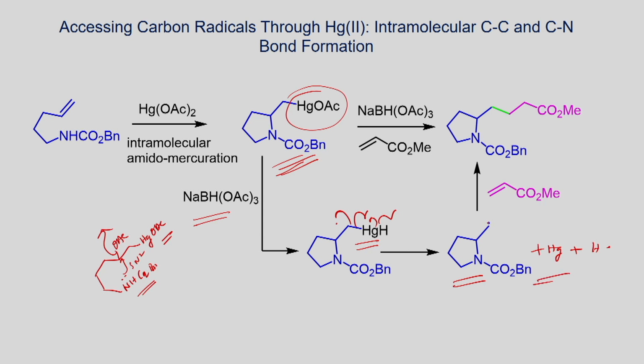Once you form this radical, in this reaction it reacts with methyl acrylate, which can lead to the formation of this secondary radical. This radical can be stabilized by this ester group. Once you form this radical, it can react with this.